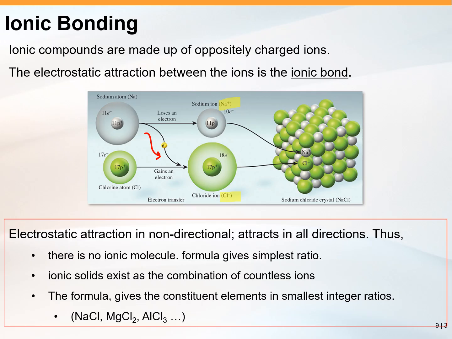These opposite charges, as you expect from Coulomb's law, will attract each other, and they will form what we call a crystalline substance. As you see, there is no single ion pair, but rather a collection of many ions in a predetermined order.